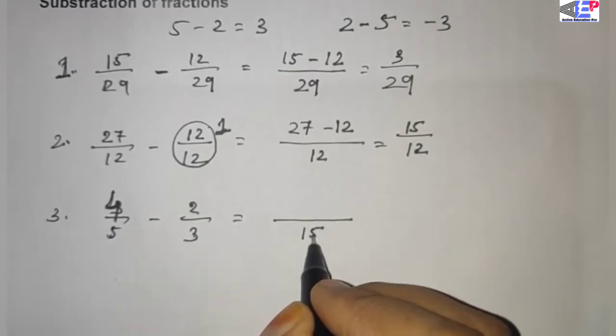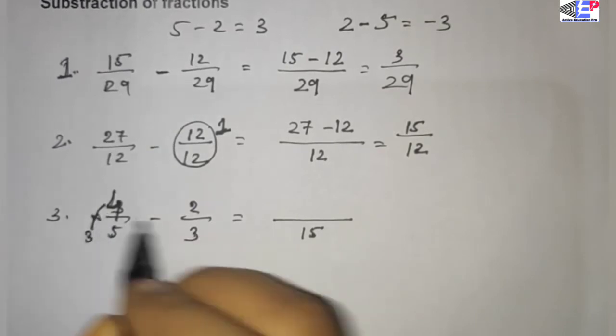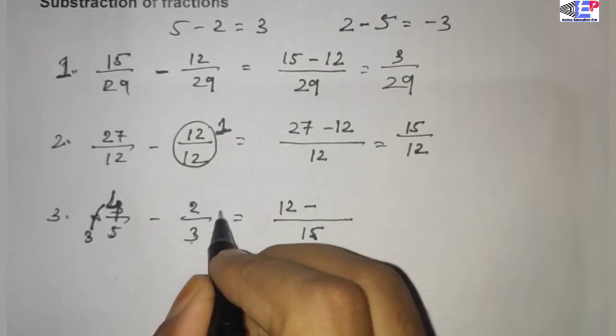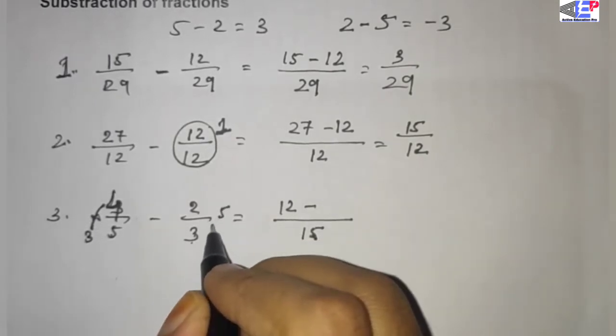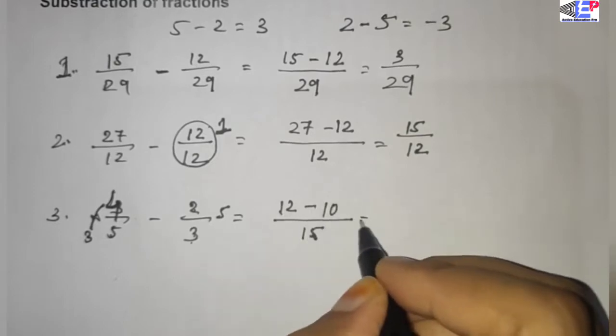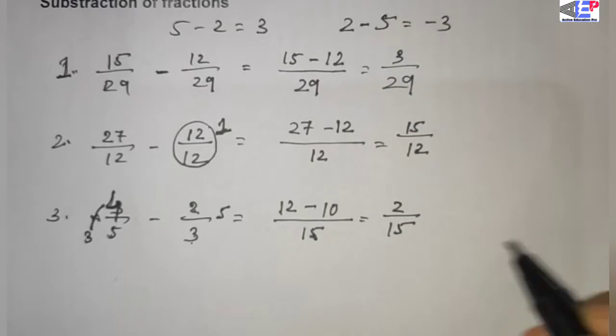Divide 15 by 5, the answer is 3, and 3 into 4 is 12. Minus, divide 15 by 3, the answer is 5, and 5 into 2 is 10. 12 minus 10 is 2 by 15. Your answer is 2 by 15.